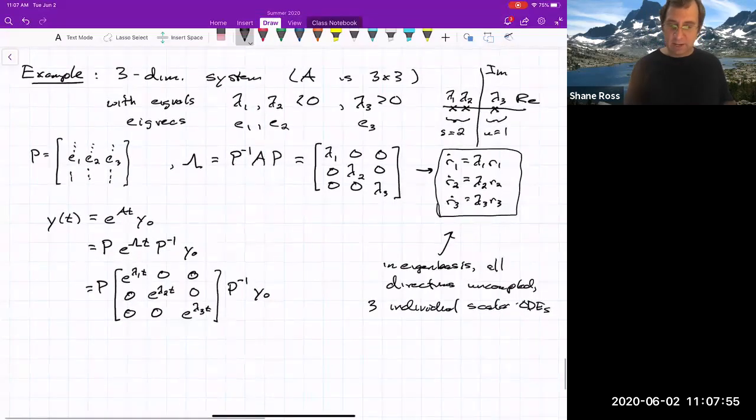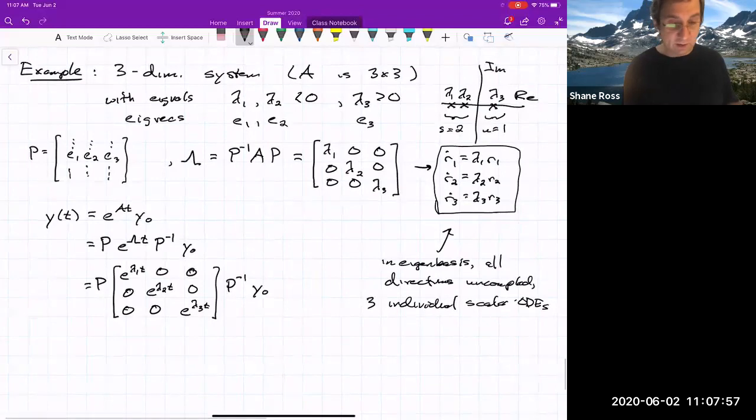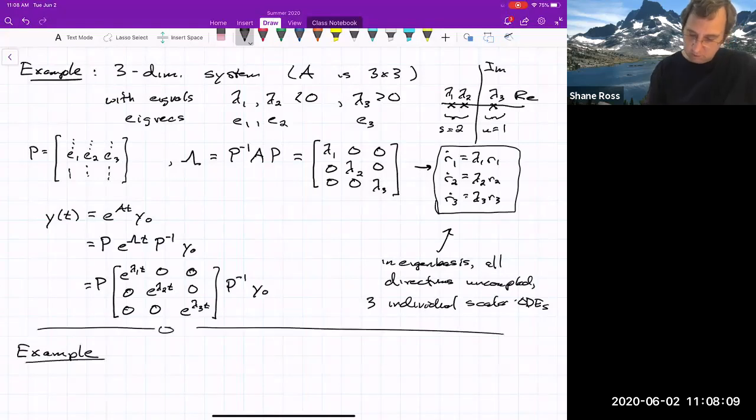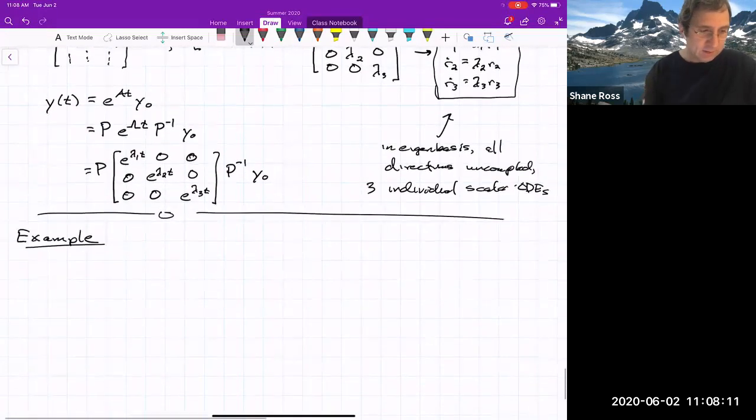All right, so what about a case where we don't have all real eigenvalues? So here's another example. So I'm done with that one. Let's look at another.